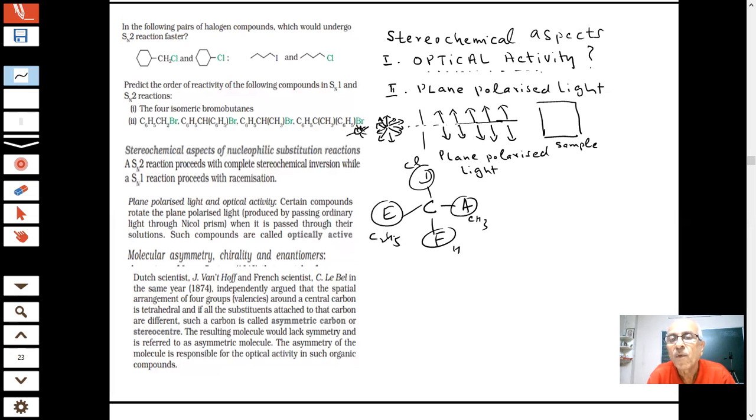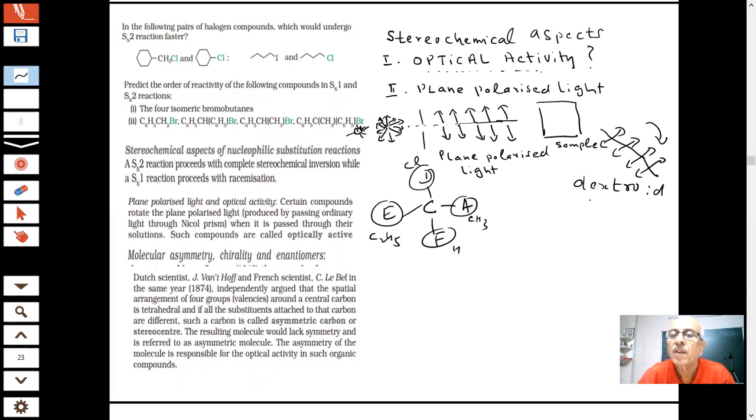Now here there are four different groups. He observed that if plane polarized light is passed through them, they rotate the plane polarized light. How do they rotate? Either towards the clockwise direction. They called it dextro, small d.